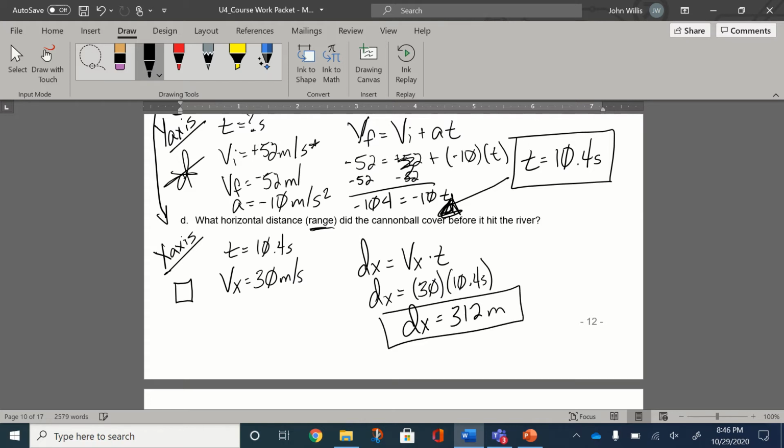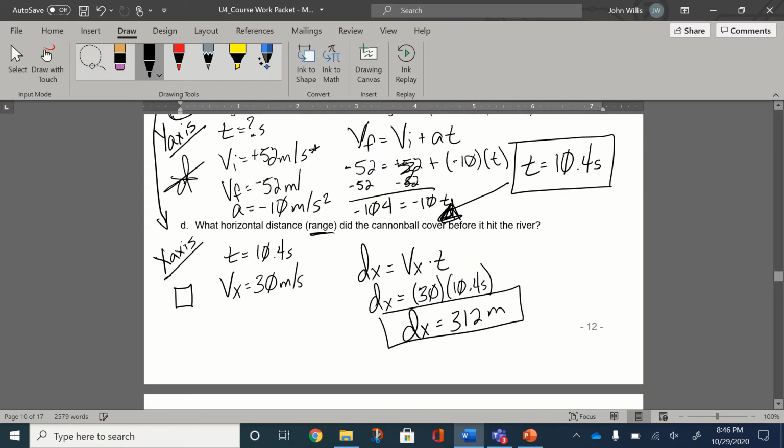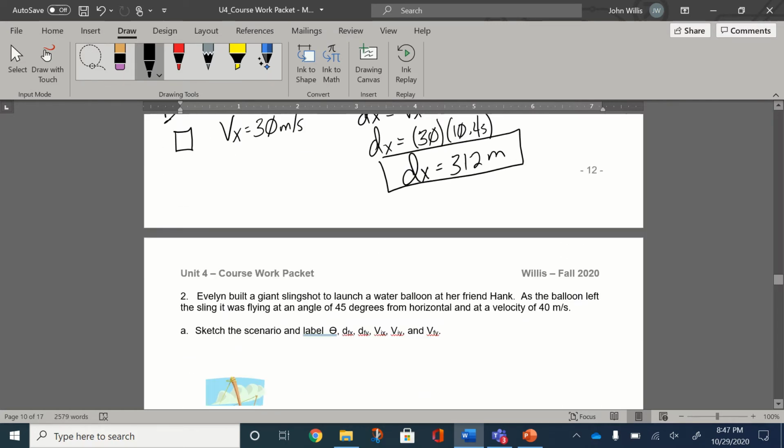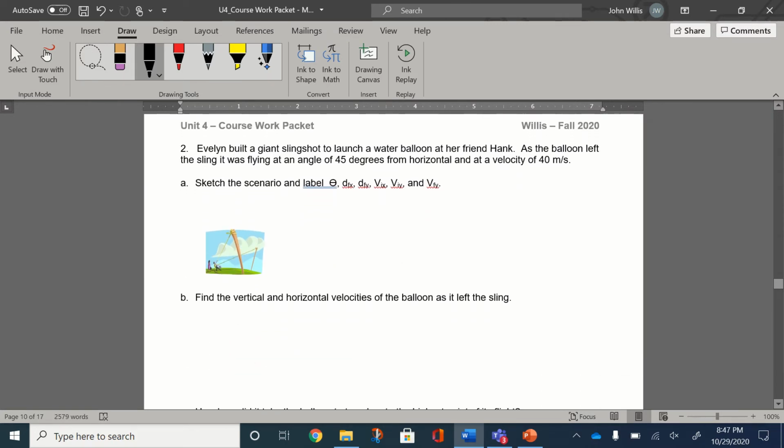So what you're going to be asked to do on the exam, or even just in the review at the end of the unit packet that we're working in right now, is going to be these particular steps. You've got to resolve that vector. You've got to find out how long it's in the air with the vertical component of that vector, and then you've got to, using the horizontal component of that vector, find out how far it can go in that amount of time.